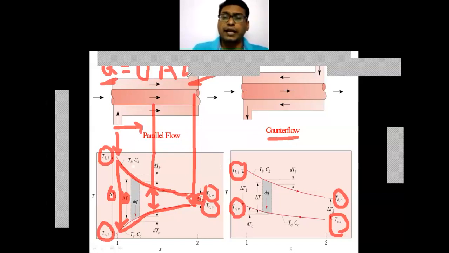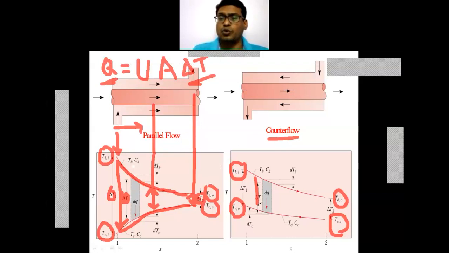In the counter flow heat exchanger figure also, the variation in the temperature difference can be noted.